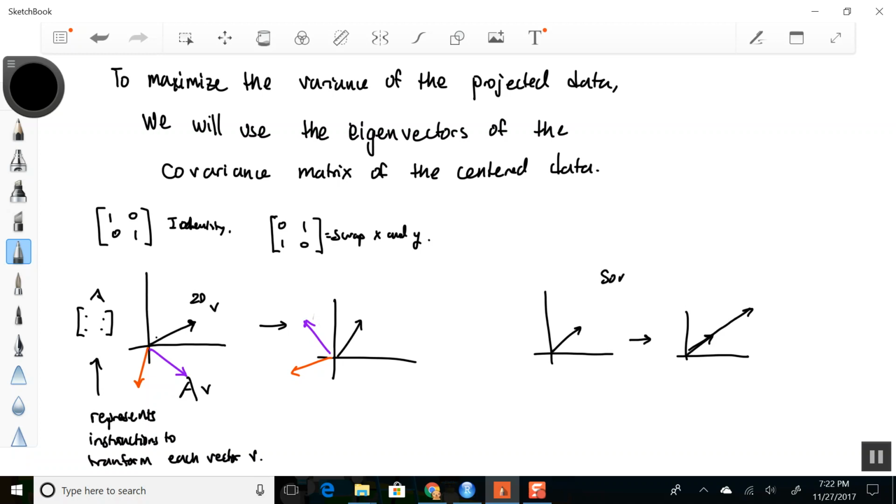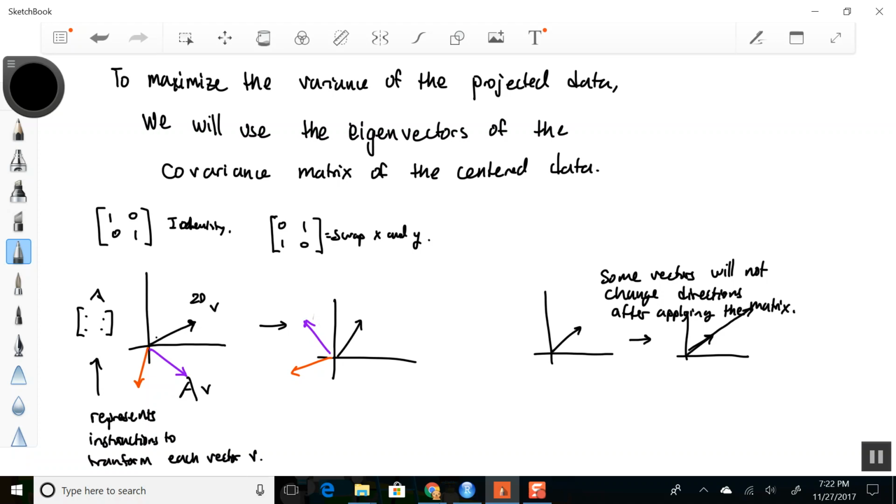So some vectors will not change directions after applying the matrix.